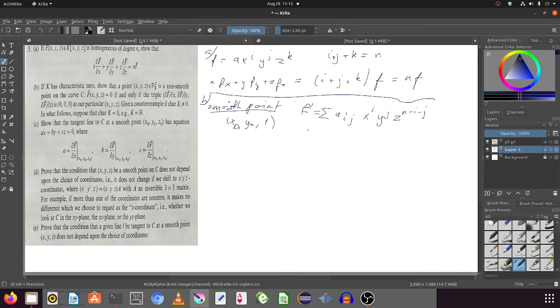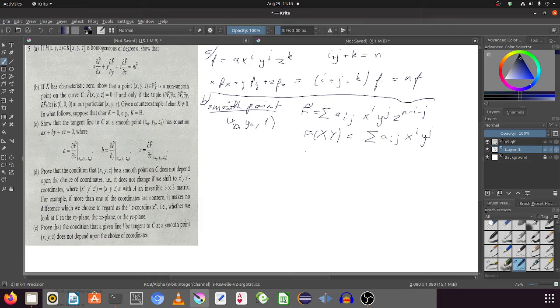Then we have the f in affine space. And we know it's a smooth point on this curve.